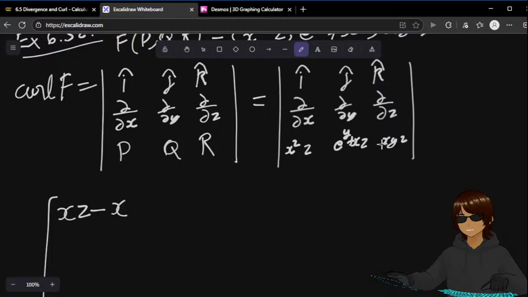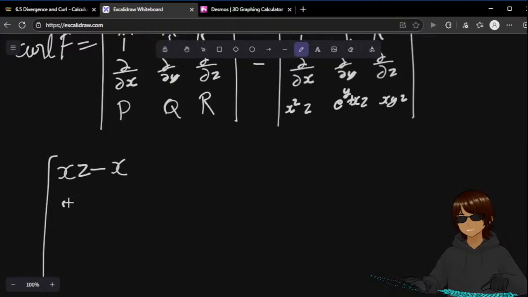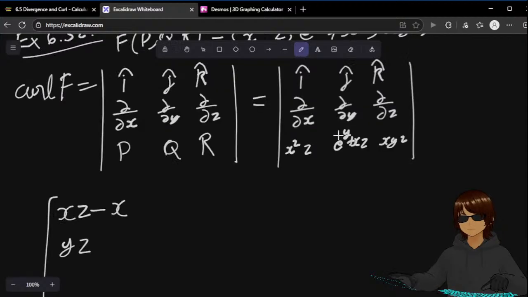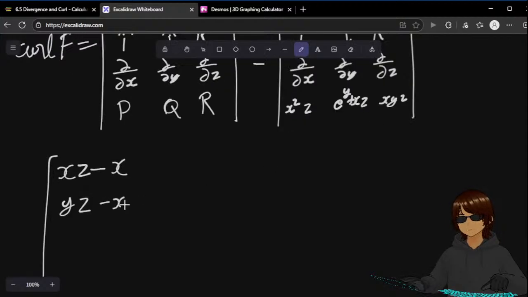So for j, we have these two, yz and x squared. And for k, we have just z minus 0.